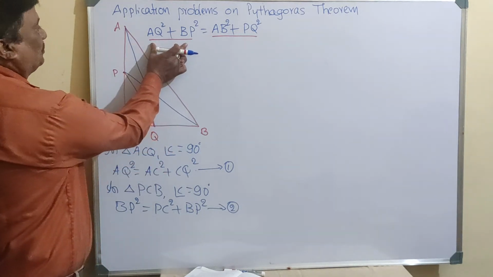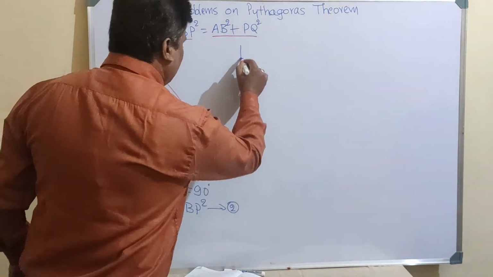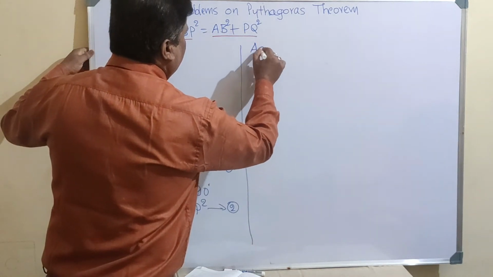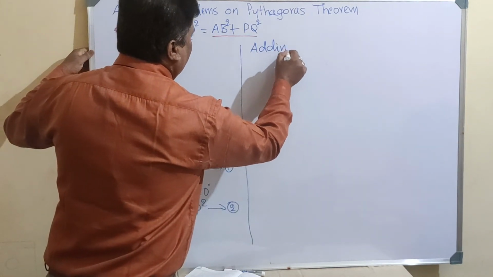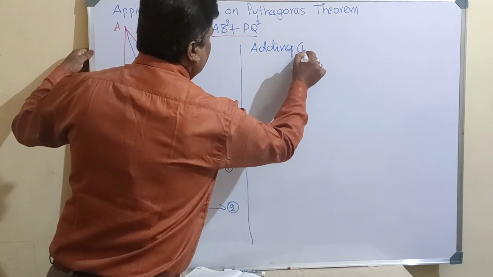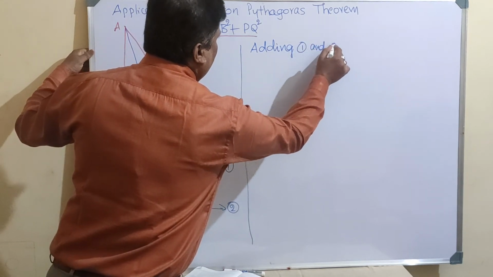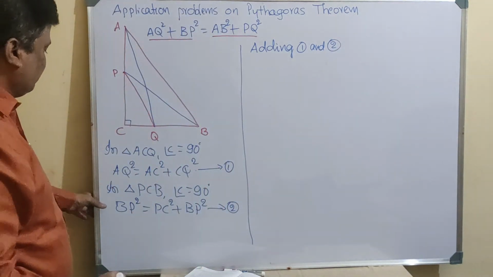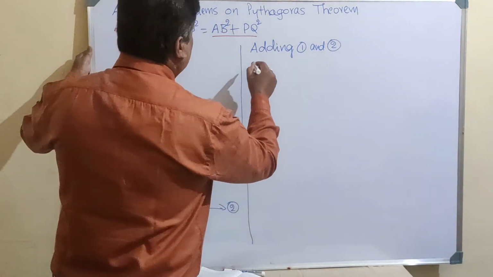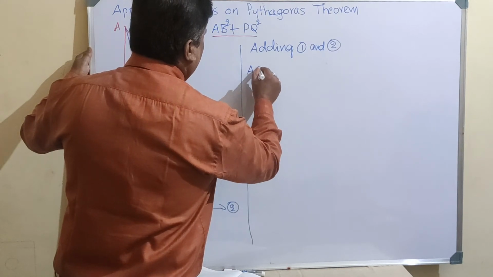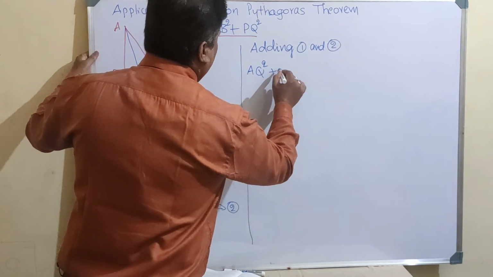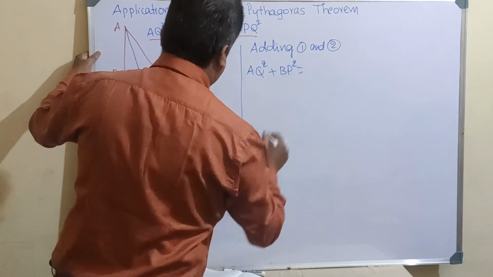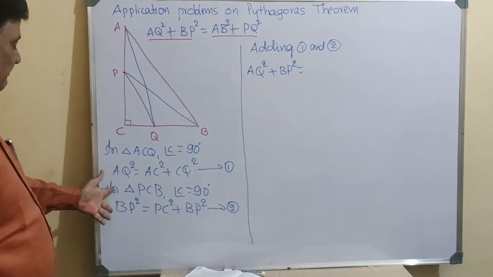Here we want to add those two, it means adding equation 1 and equation 2. So on the left side we have AQ square plus BP square.